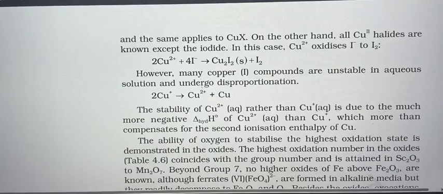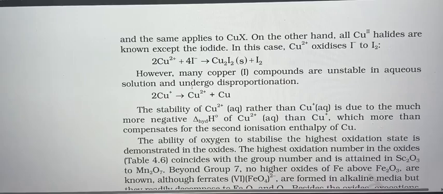Now why is this? Because copper 2 plus is having more stability because of more negative hydration enthalpy. It will release more energy so that it will be enough for the ionization enthalpy that you have provided for the copper. How much ever energy you have provided, that much is released over here. So it will become more stable as compared to Cu plus.